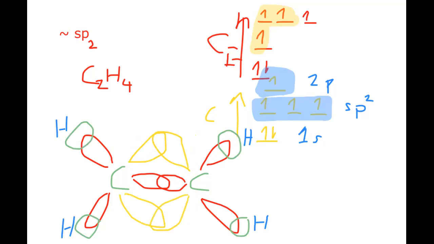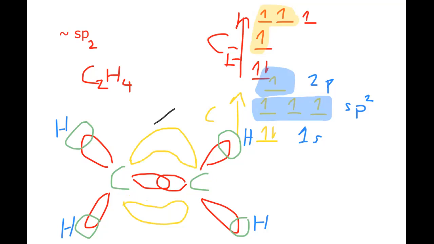And now this is shown as a lobe shape. This, along with this, is one pi bond.